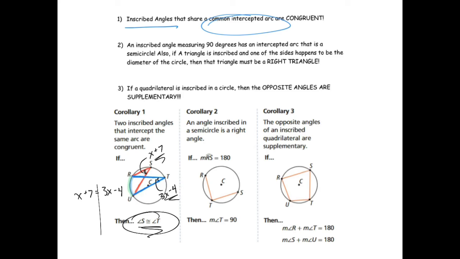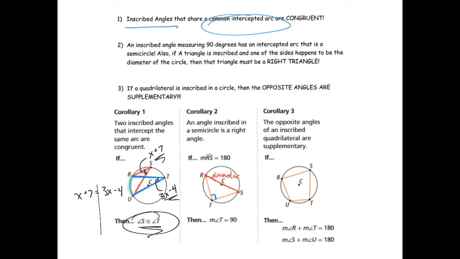Number 2, an inscribed angle measuring 90 degrees has an intercepted arc that's a semicircle. And here's the big one, this one's cool. If a triangle is inscribed, and one of the sides happens to be the diameter, you might notice that RS here is the diameter. Anytime you use the diameter when you're inscribing a triangle, it's going to end up being a right triangle.